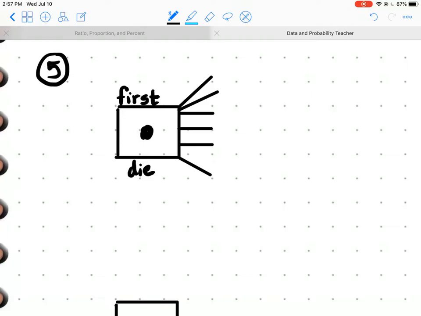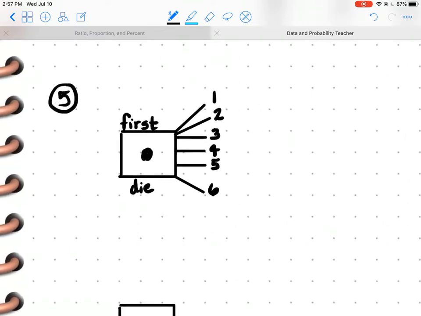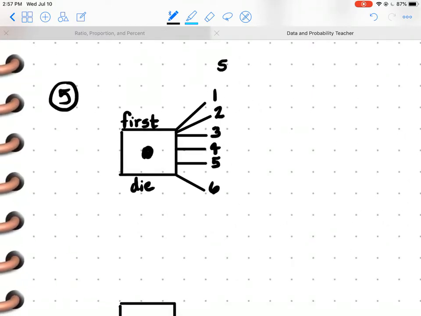So on the second die, you could get the 1, just like this, the 2, the 3, the 4, the 5, or the 6. So on the second die, you could get any of these numbers paired up with that 1 on the first die. So you could roll a 1 and a 1. You could roll a 1 and a 2.